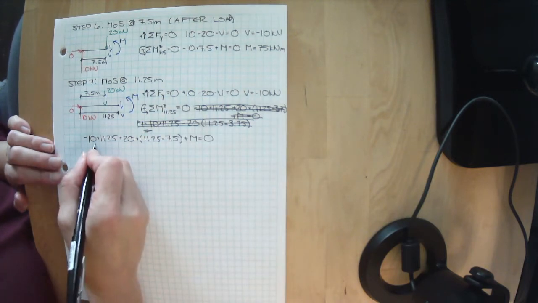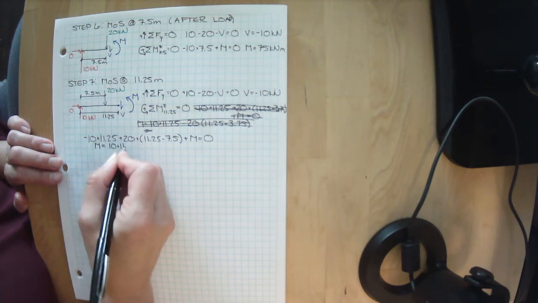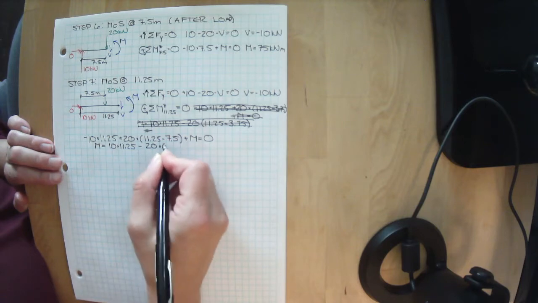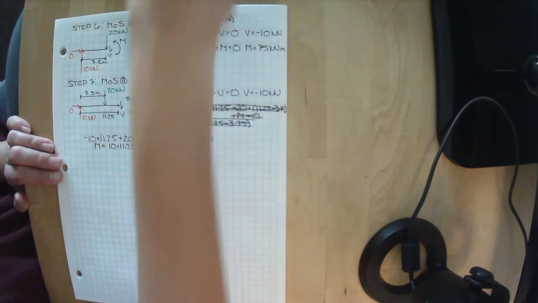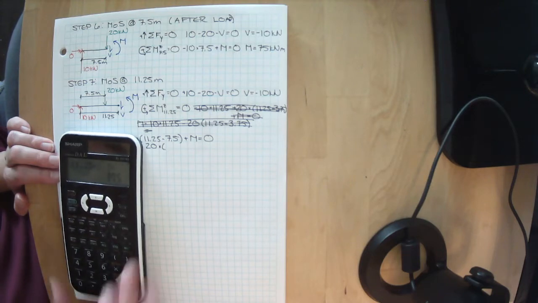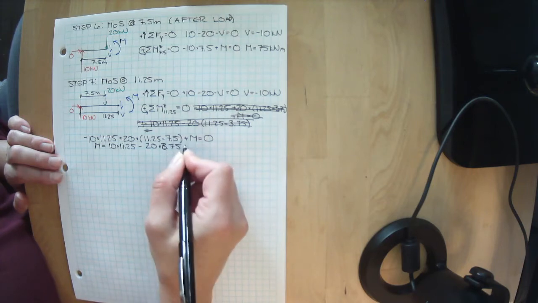We can rearrange this and we get m equals 10 times 11.25 minus 20 times, well, let's just do that right there. We have 11.25 minus 7.5 equals 3.75.